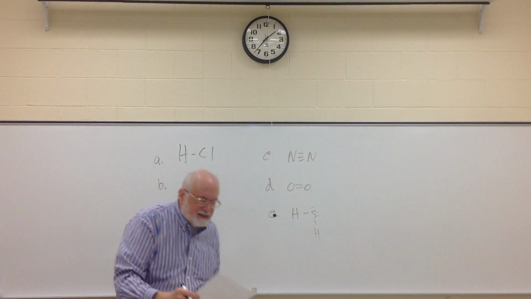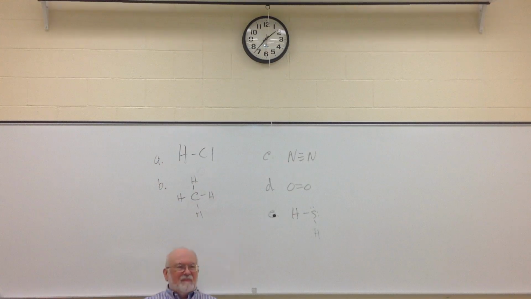What are my bids? Polar. We want which ones are polar. A and E is correct. All right. The others are not. B, remember, is tetrahedral, and C and D are linear, but they're two atoms of the same element, so therefore the same electronegativities. All right. So there you go.